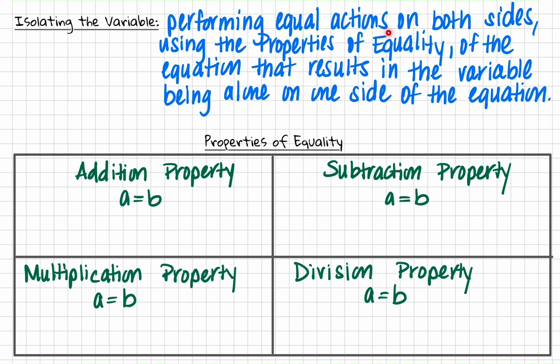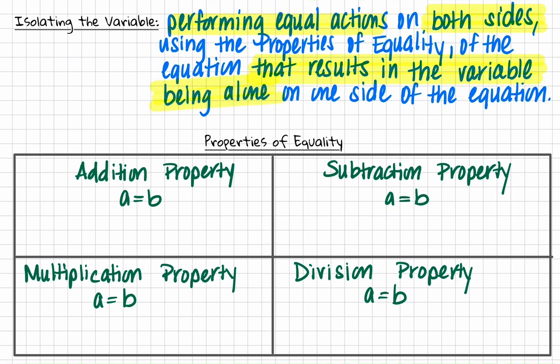We're performing equal actions on both sides of the equation that results in the variable being alone on one side of the equation. Performing equal actions on both sides is important, that results in the variable being isolated. Being alone, being isolated is the same thing.